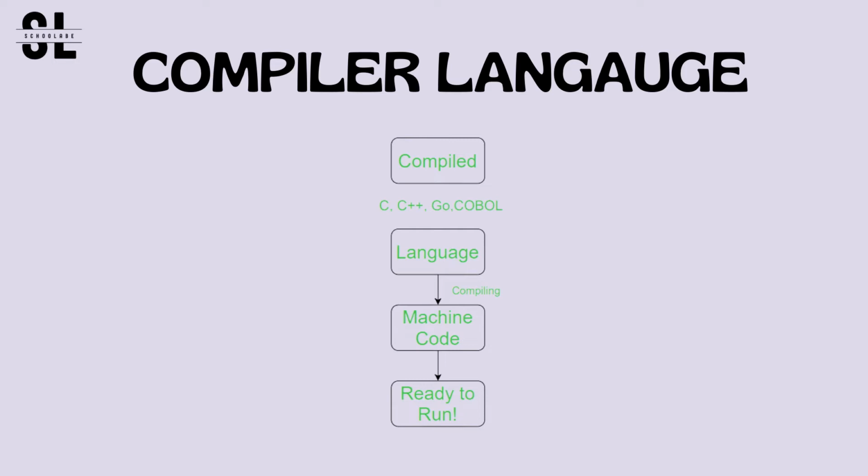Well, since compiled language is directly converted to machine code and doesn't need any extra step or translation, it happens to be faster and more efficient to execute as compared to an interpreted language. However, there is something which we need to be cautious about when using a compiled language.